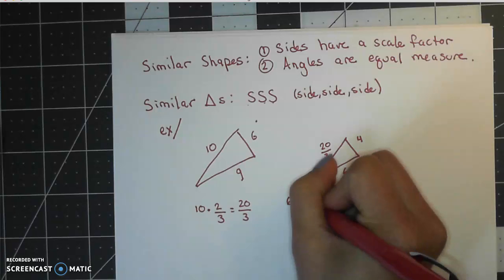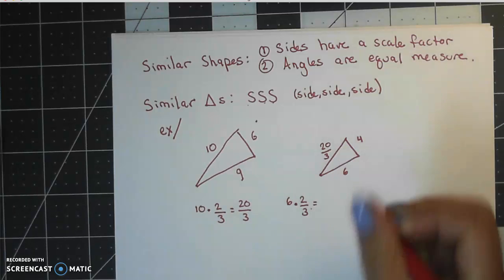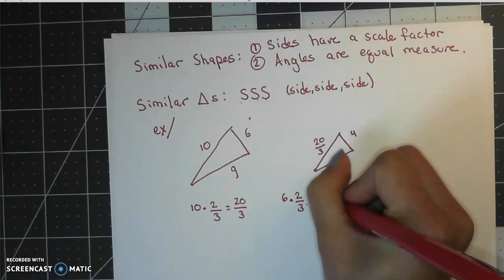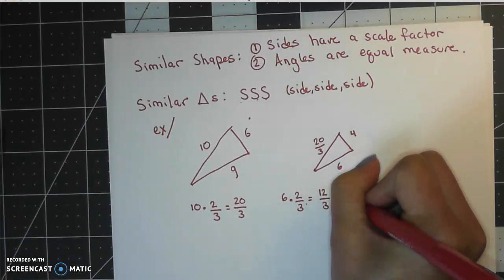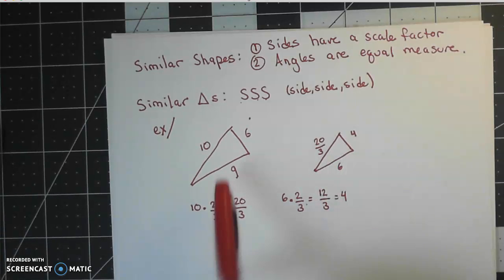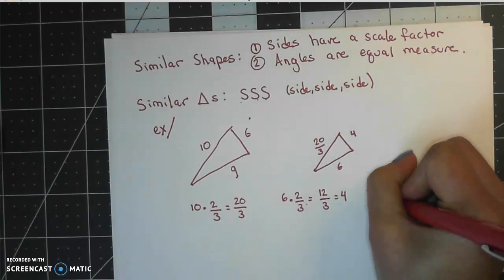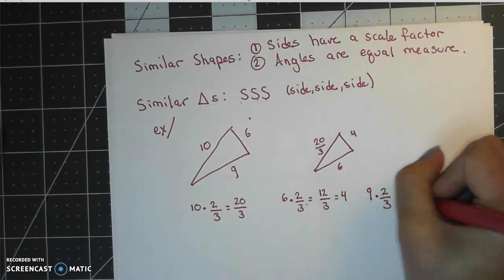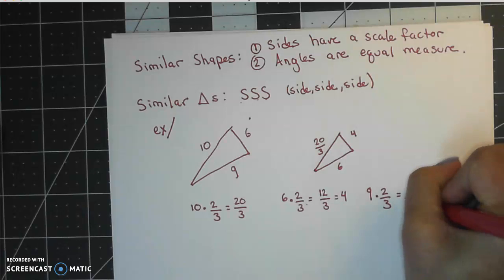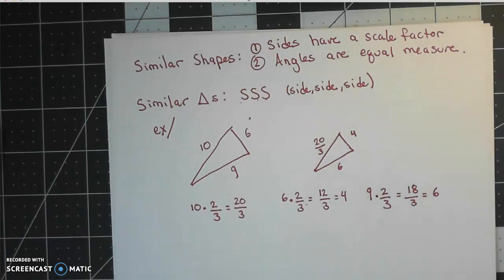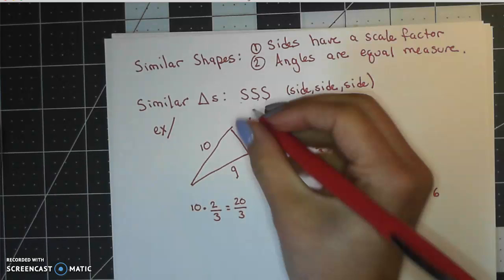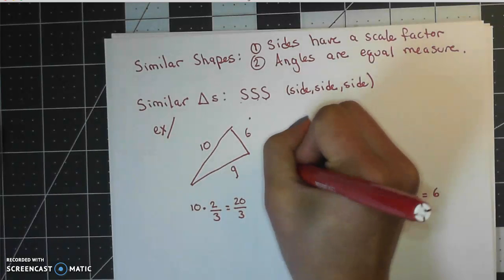Am I multiplying by 2/3? 6 times 2 is 12 over 3, which equals 4. How about 9? 9 times 2/3 is 18 over 3, which equals 6. So all three of these sides have the same scale factor, which is 2/3.